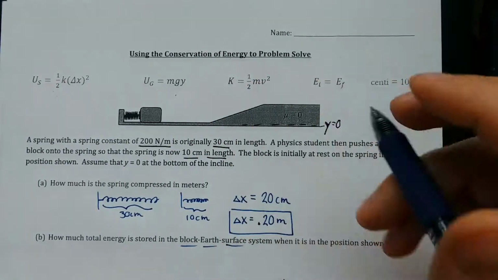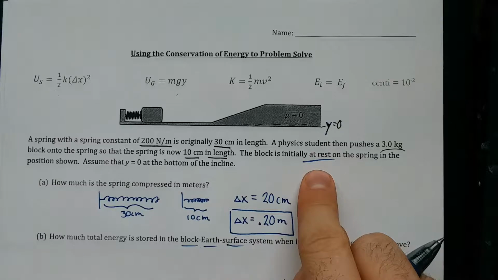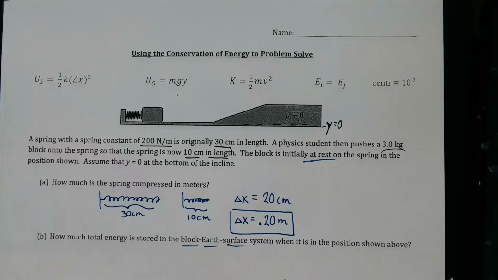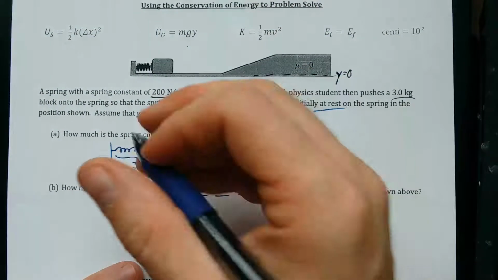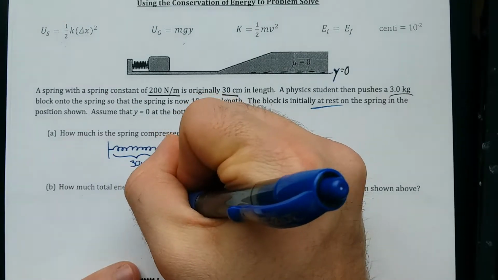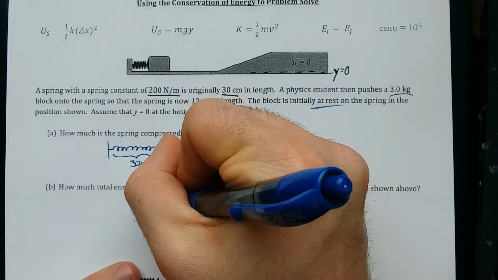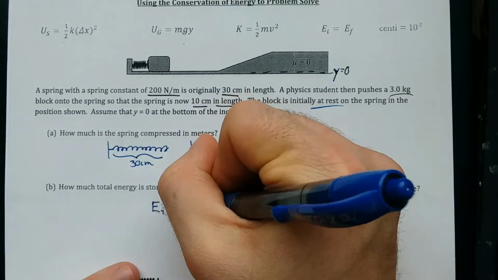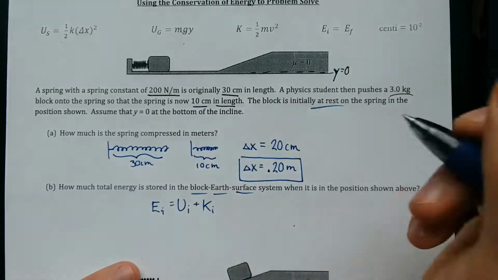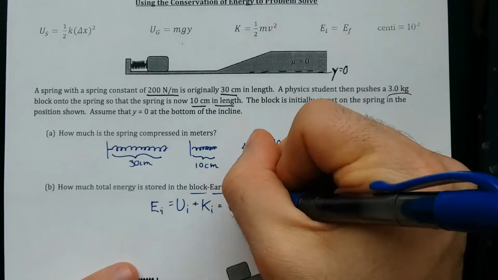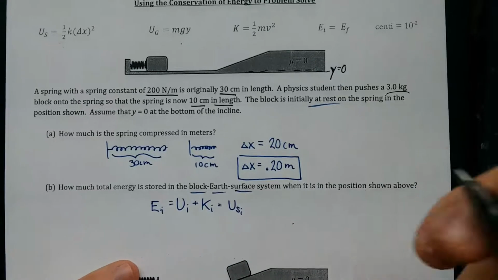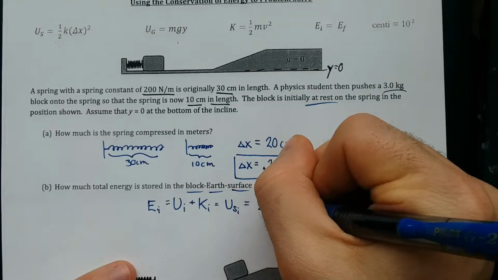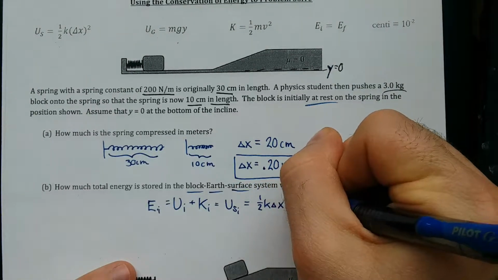And I don't have any kinetic energy because we're told the block is initially at rest. So there's no speed. The total energy in the beginning equals all the potential and all the kinetic in the beginning. But it's just spring potential energy in the beginning. That's all there is. So I'll say 1/2 k delta x squared.